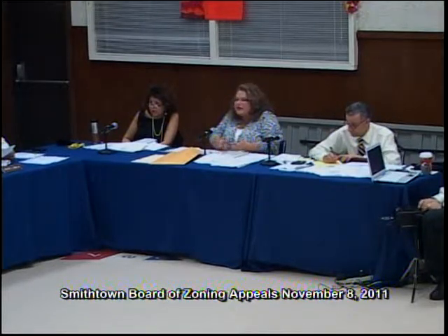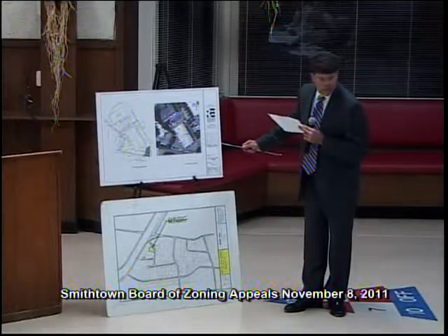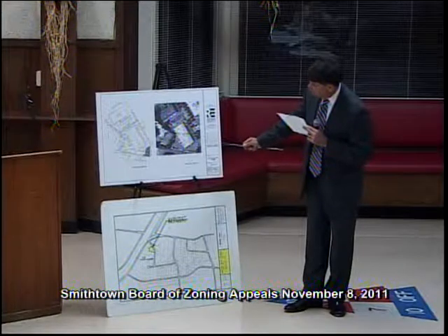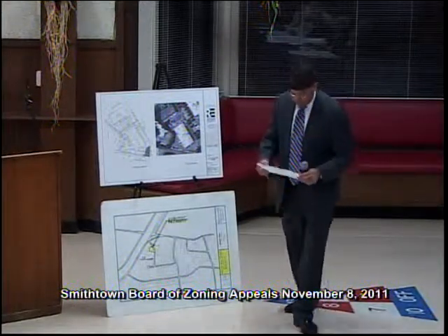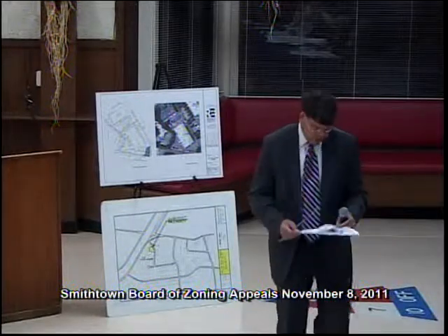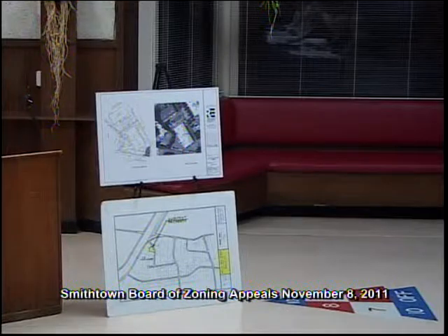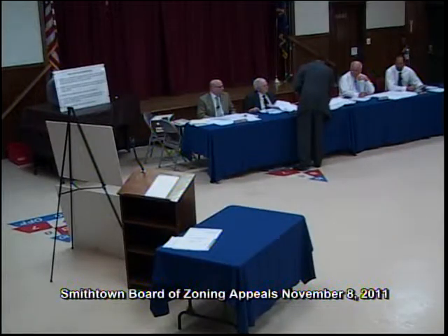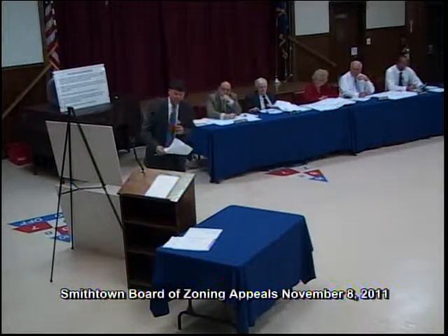One of the problems, I mean, what happens if you do that is this set of trees here, which is quite mature, if you can see here, this would be eliminated. And then this wall here. This wall and then this. This is an elevation here.